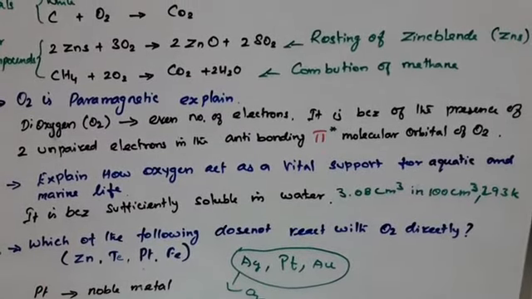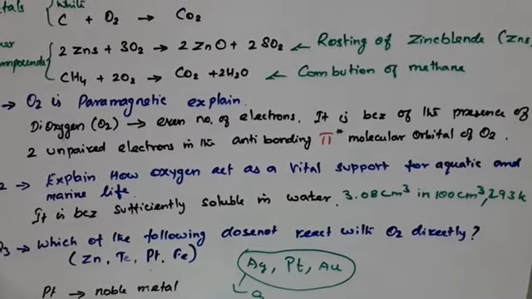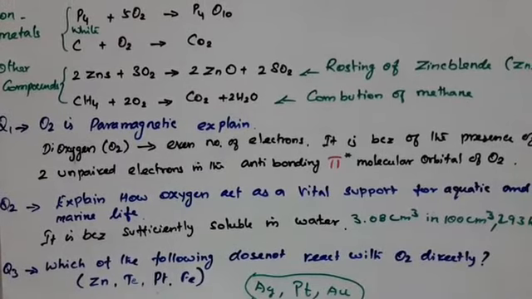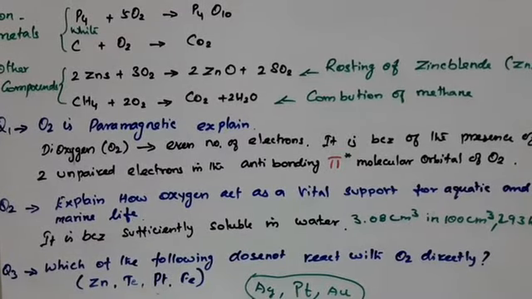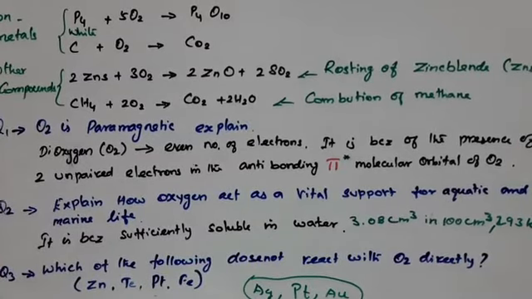This is a 1 mark question. That's all. And uses for dioxygen: it is important in our normal respiration and combustion processes, and it is also widely used in oxyacetylene welding.